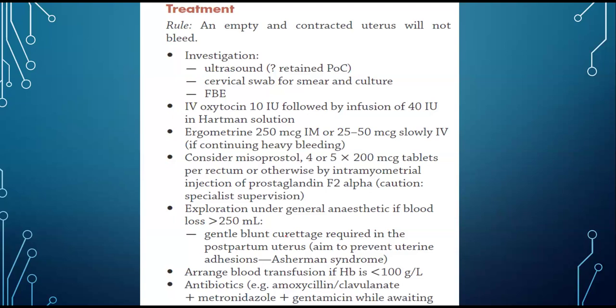If you suspect endometritis, then you will also take a vaginal or cervical swab and send it for microscopy and culture. You do an ultrasound to rule out any retained product of placenta. And you do a full blood examination to find out if there is any chance of anemia because of bleeding. You also check for any sign of infection.